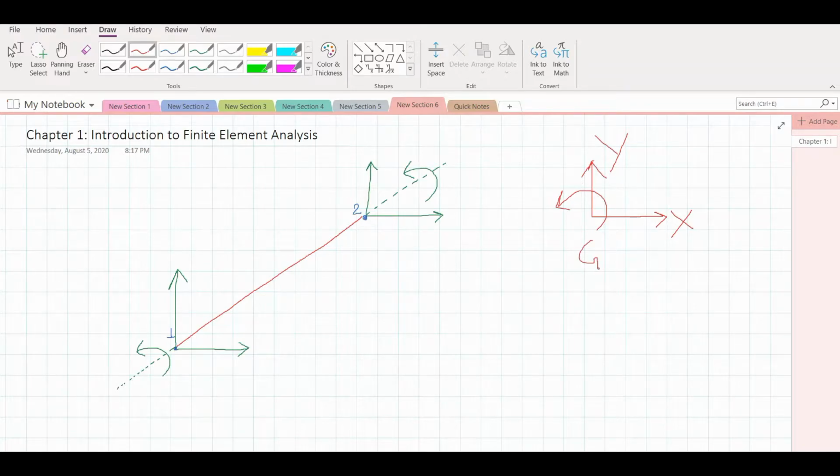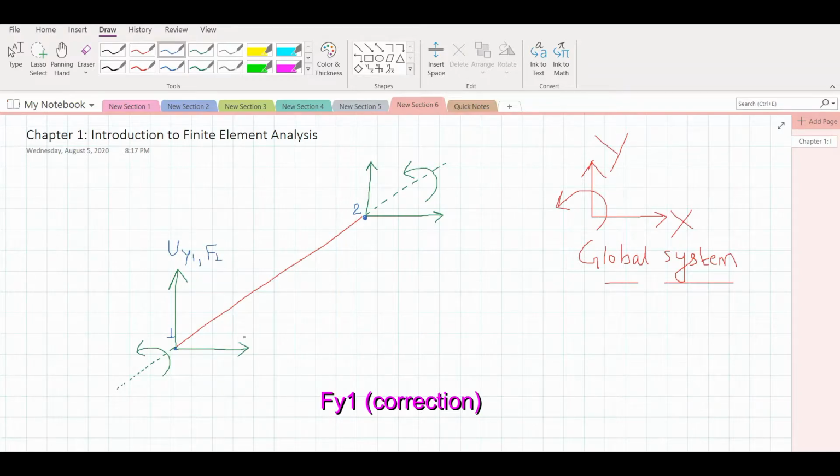Now this is global system. So here we can name this one as uy1 and corresponding force be F1. We also can consider this, and let the rotation be UR1 and the bending moment be FR1. Similarly, we can label the displacements and forces in these axes as well.